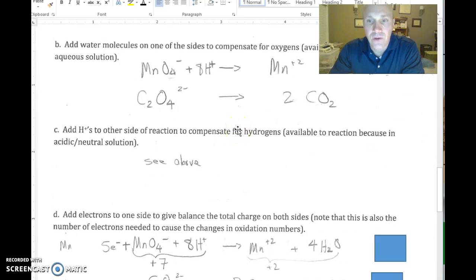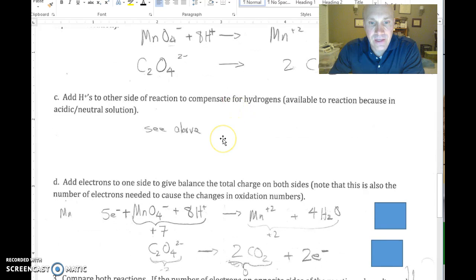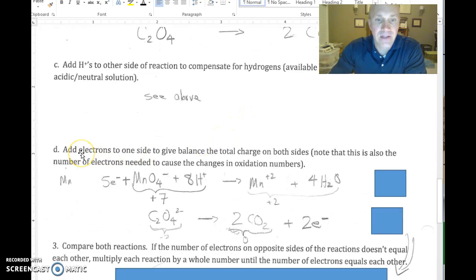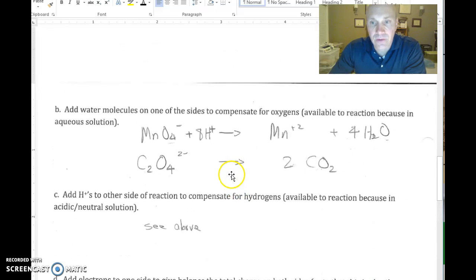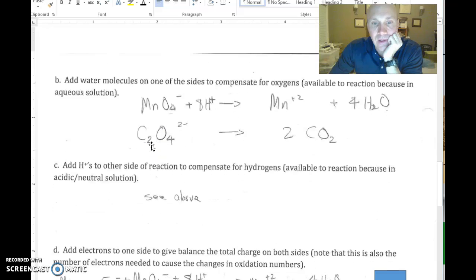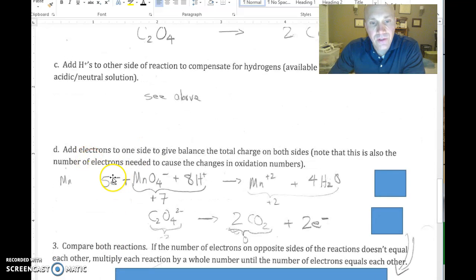At this point, we're at the next step, where we are going to add electrons to one side to give a charge balance on both sides. So let's take a look up here. I meant to cover up the electrons here, so let's pretend that the electrons are not there yet, and we'll just focus on the rest of it.